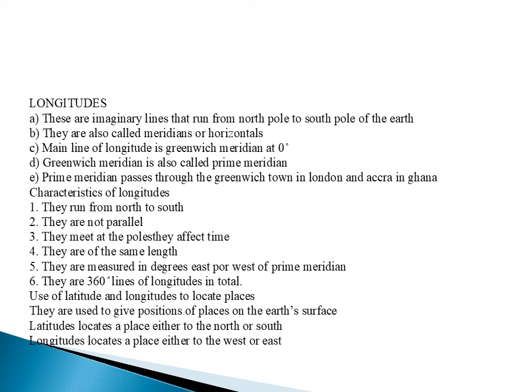They are of the same length. They are measured in degrees east or west of the prime meridian. There are 360 lines of longitude in total. So it is varied. The other one is 180, that is latitude, but this one is 360.